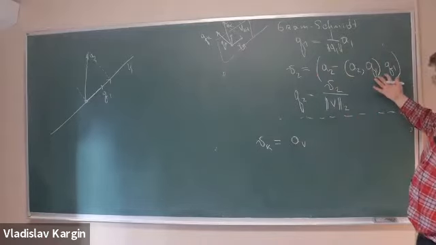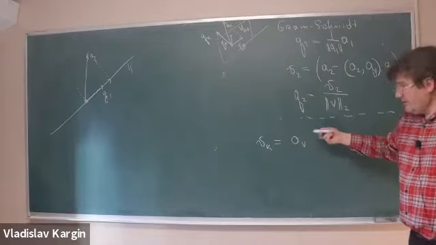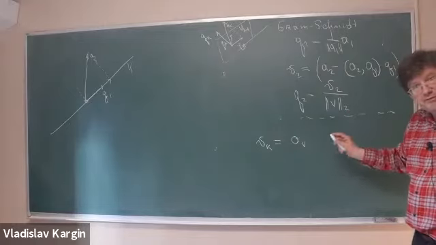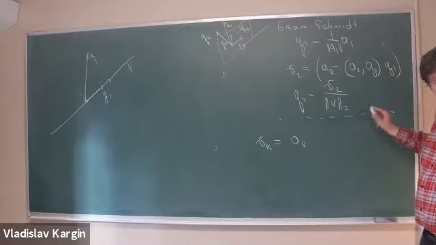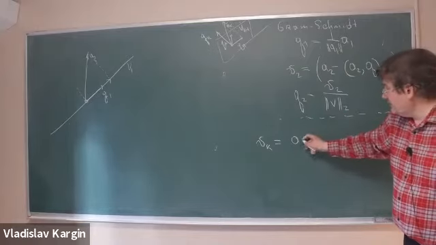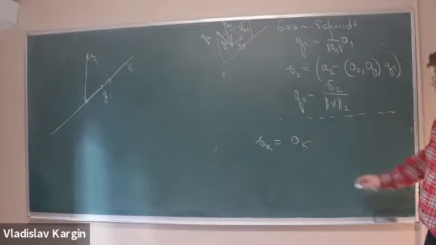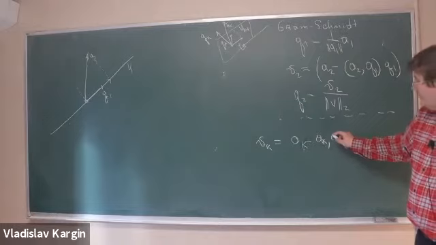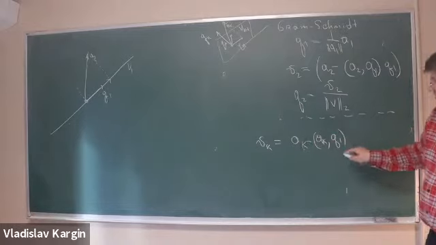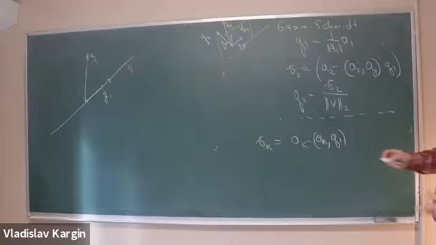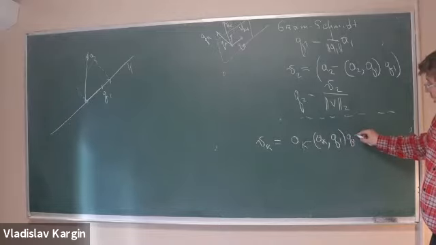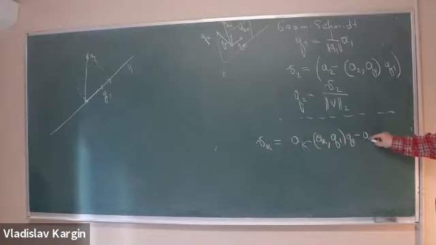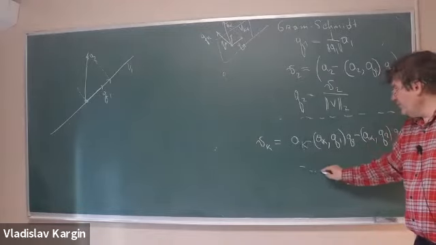So it's ak minus the scalar product of ak with q1 multiplied by q1, minus the scalar product of ak with q2 multiplied by q2, minus, and so on.